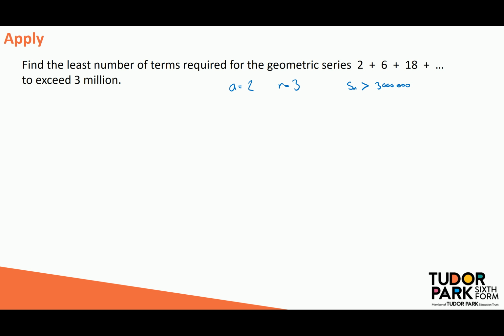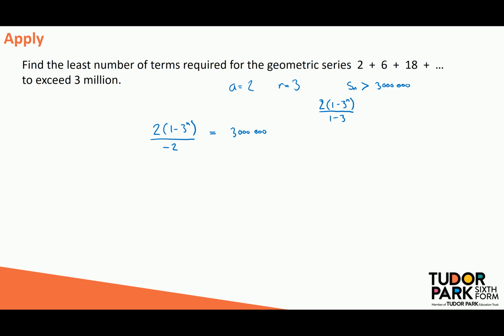I also know that Sn is going to be a, which is 2, lots of 1 minus 3 to the power of n, all over 1 minus 3. Well, again, we're going to solve this as an equality, and then we're going to look at putting the inequality back in at the end. So what I want to solve here is that 2 lots of 1 minus 3 to the n divided by, now 1 minus 3 is minus 2, we want to know when that is equal to 3 million.